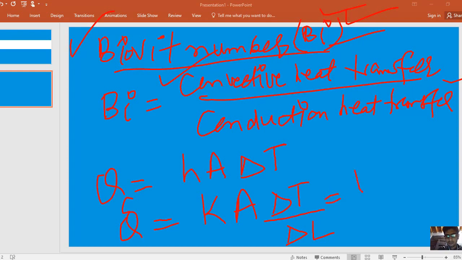So it can be k A delta T divided by the characteristic length of the material. So the ratio of these two heat transfers will give us the Biot number, which is a dimensionless number.